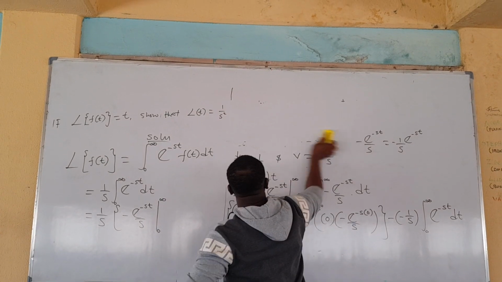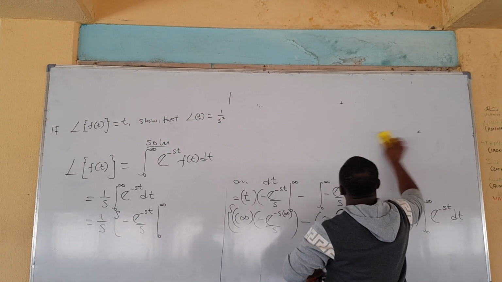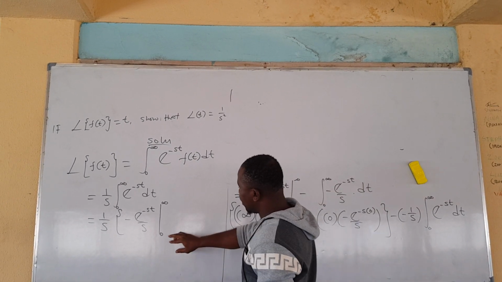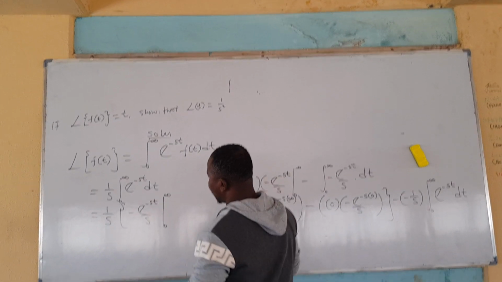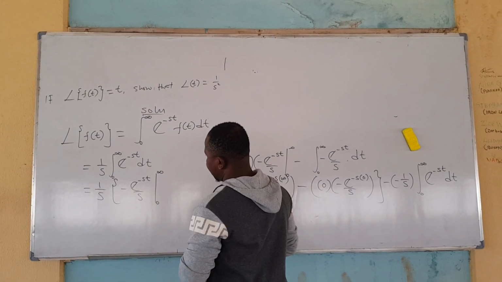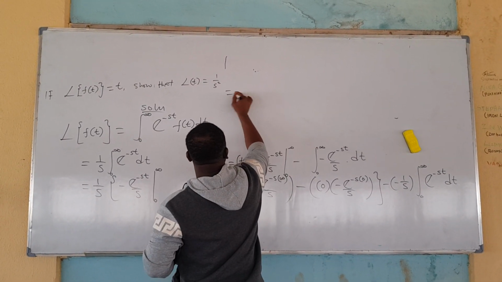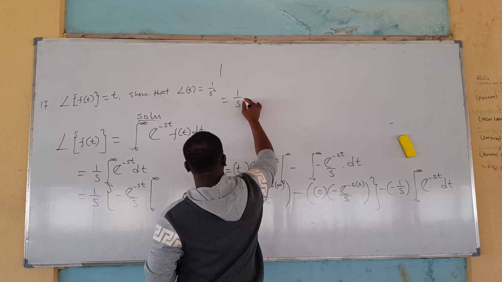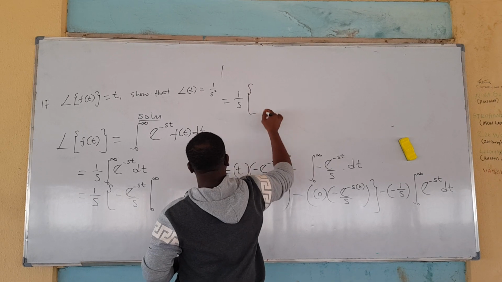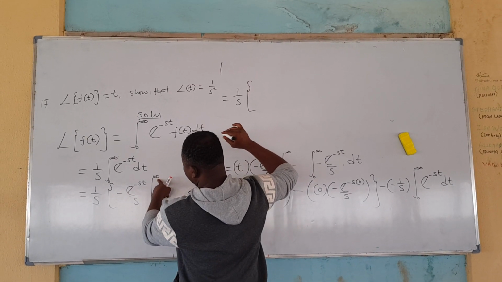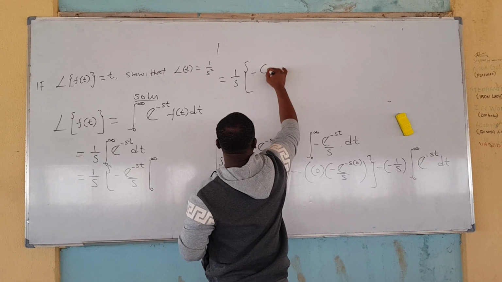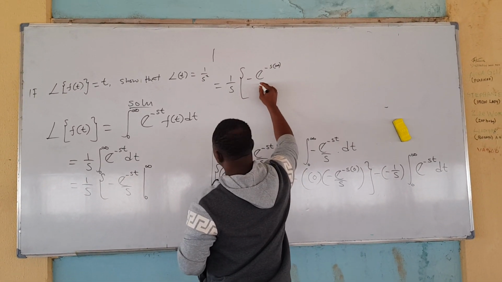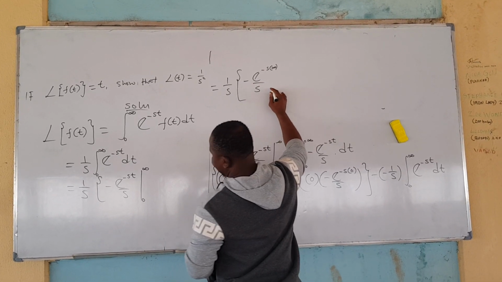Is that clear? If you agree with me, we are going to substitute this limit into this. We have 1 all over s, bracket, we start with infinity, minus exponential minus s, all in bracket infinity, all over s.